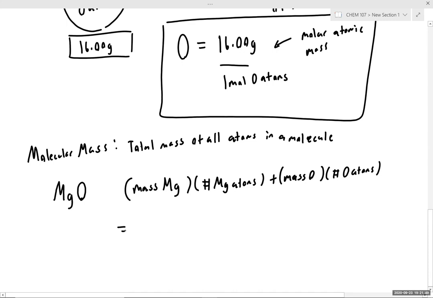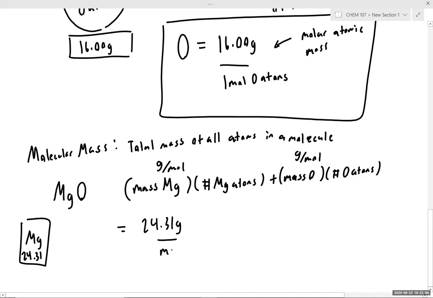So I'm going to need everyone to help me out with this. What is the mass of magnesium in the periodic table? Let's use the mass in terms of gram per mole. 24.31. Okay, so we have 24.31 gram per mole. From our formula, how many magnesium atoms do we have? 1.